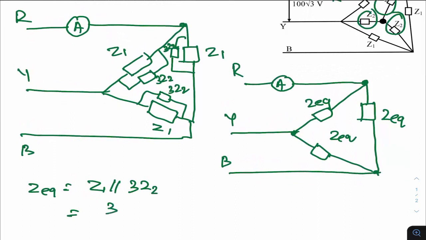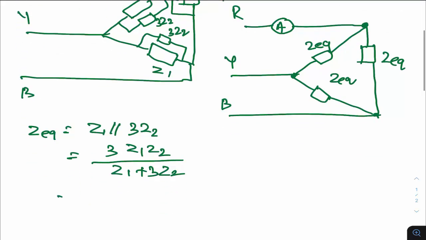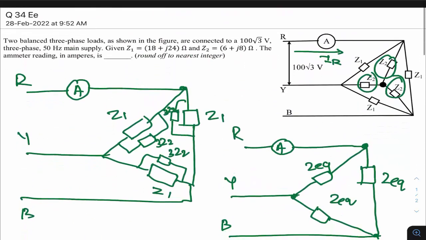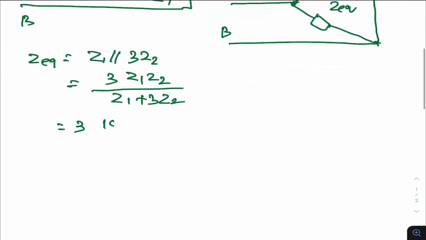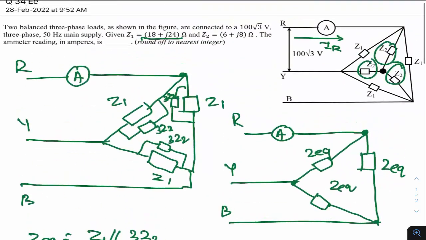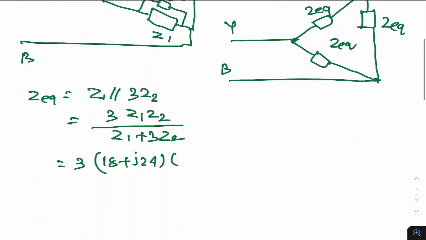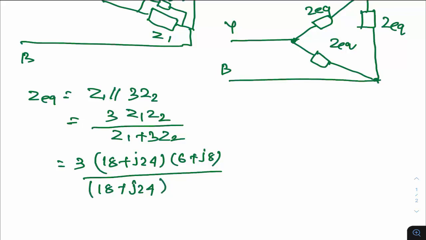So this is 3Z1 Z2 divided by Z1 plus 3Z2. If you simplify this, what is the Z1 value given? Z1 is given 18 plus J24. So 18 plus J24 multiplied by the value of Z2, 6 plus J8, whole divided by Z1, which is 18 plus J24, plus 3Z2.